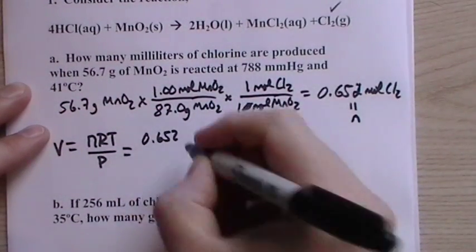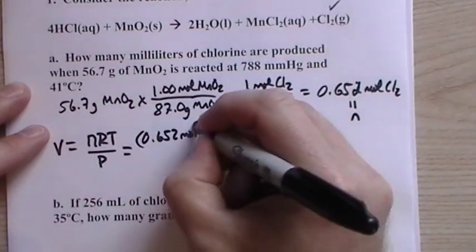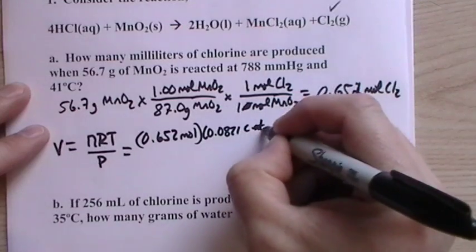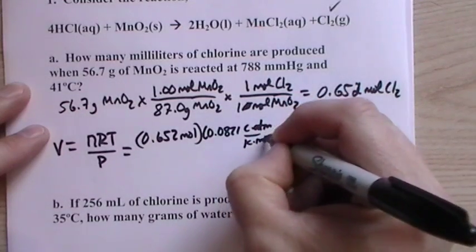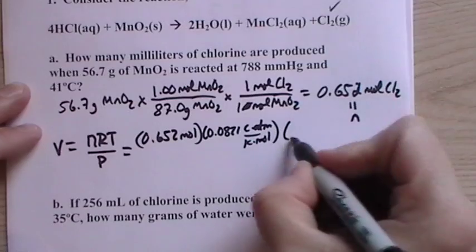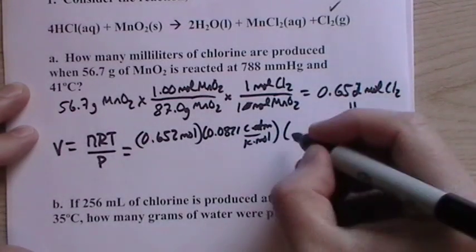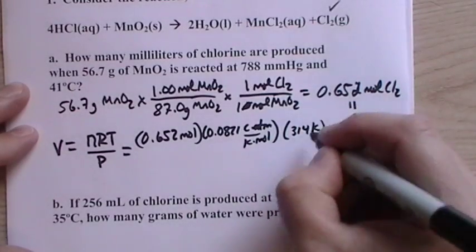I didn't leave myself a lot of room here, so let's see what we can do. R is 0.0821 liters atmospheres per kelvin mol. The temperature is 41 degrees Celsius. That's 314 Kelvin.